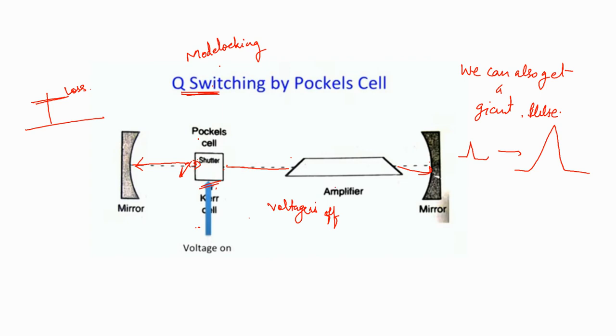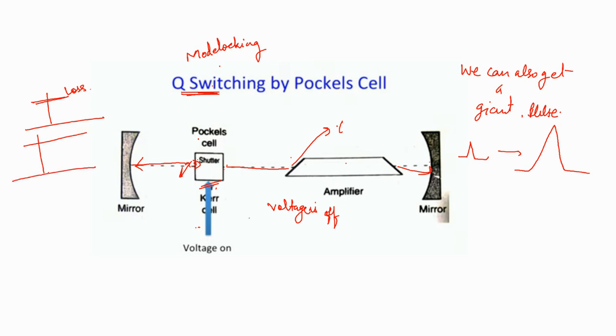Now the second thing: when the voltage is on initially, because of the polarization, the light used to come and get refracted. So this is the case of total loss. Now we have turned this off. When this is off, the light passes to and fro through this medium.